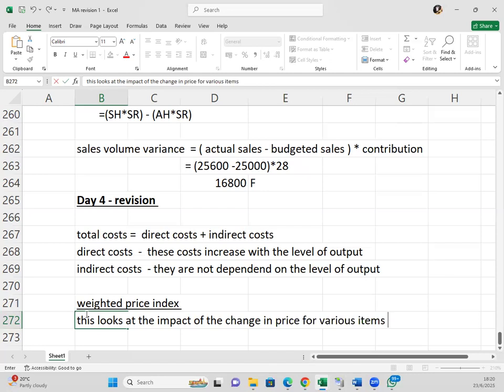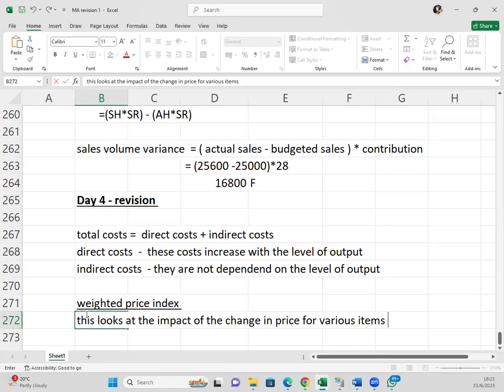If the prices are to change, they impact the quantities that have been bought. So we want to look at the impact of the price changes for various products, not just one.